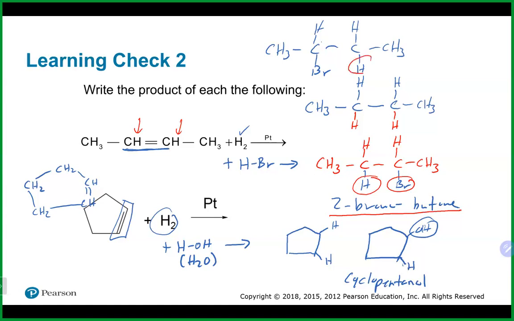When we switched it around and did it this way, if you were going to name this, this also would still be 2-bromobutene. It is the exact same molecule in both cases. And that's what occurs when there's the same number of hydrogens to begin with. It doesn't really matter where you put it. You'll always end up with the exact same compound. It's just turned. And that's why it doesn't make a difference.